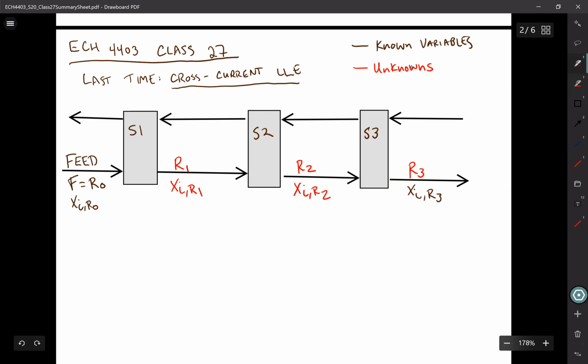And then on my solvent side, I feed some amount of fresh solvent. I'll put fresh in quotes here because even though it's fresh, it doesn't necessarily mean pure. It's usually pure-ish. So I'll say that, pure-ish. And I know what the flow rate is because that's one of my process variables.